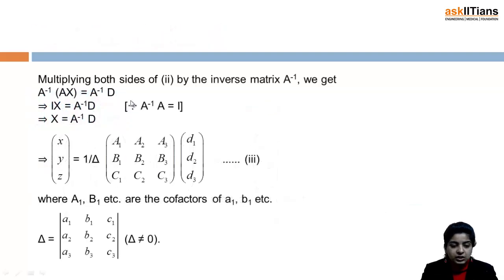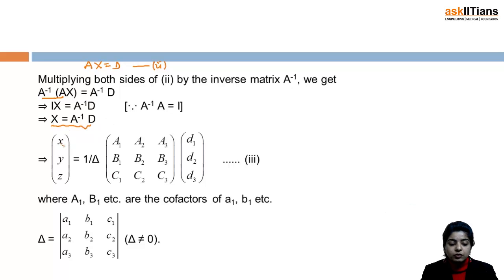Now multiplying both sides of the second by the inverse matrix A inverse, we get, now we had obtained AX equal to D. So if I multiply this equation on both sides by A inverse, then what I get is A inverse into AX would be equal to A inverse into D. This gives me A inverse into A, we know is identity. So IX equal to A inverse D, which means X equal to A inverse D. In fact, this is giving you the solution of that system.